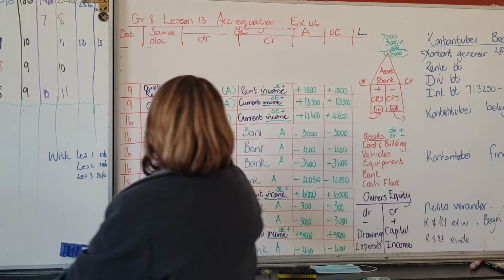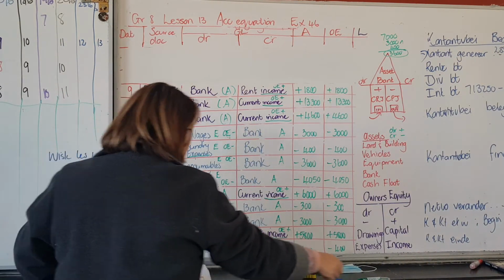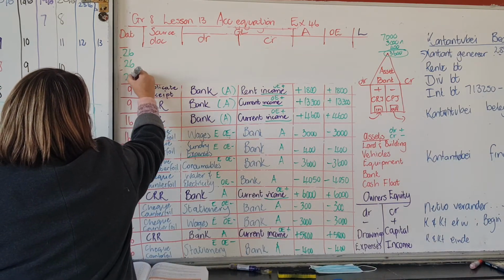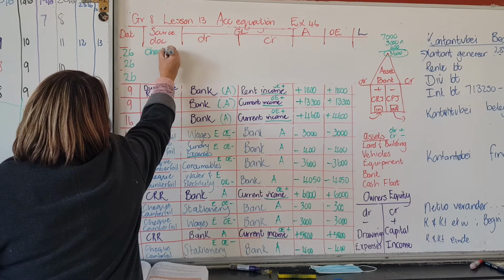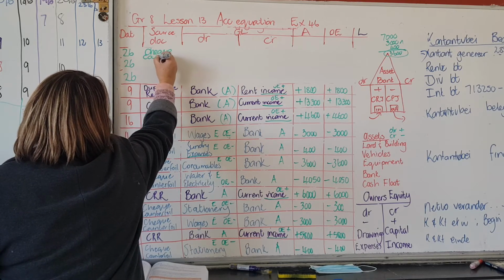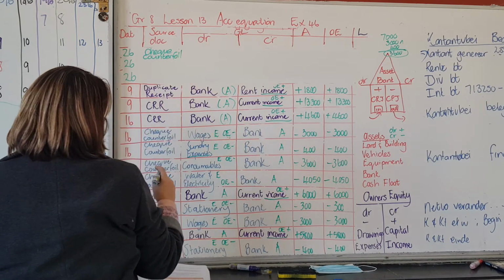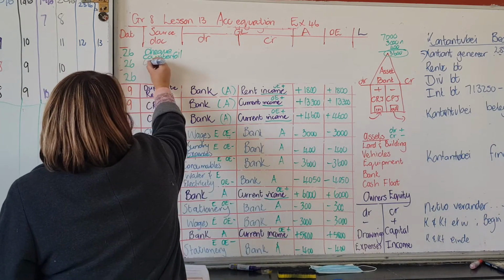Alright, so on the 26th, we've got 3 more transactions. We've paid by check, so it's check counterfoil. Oh, I should have done that in blue, hey?